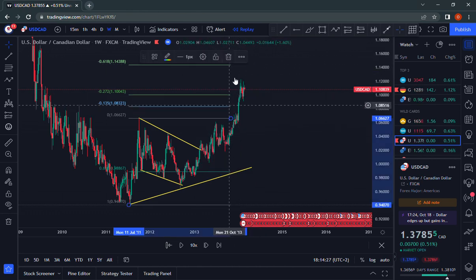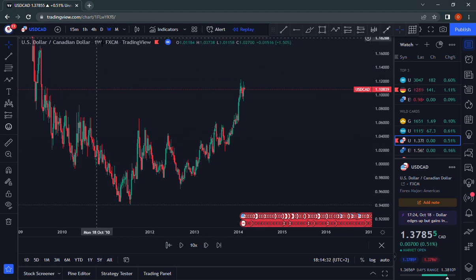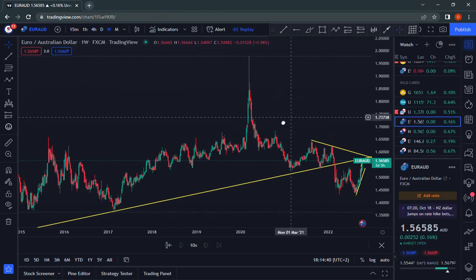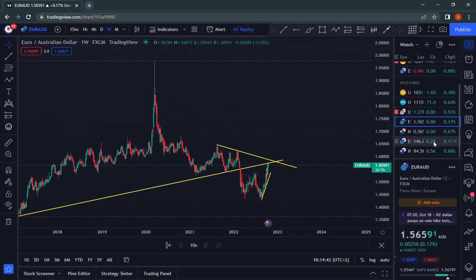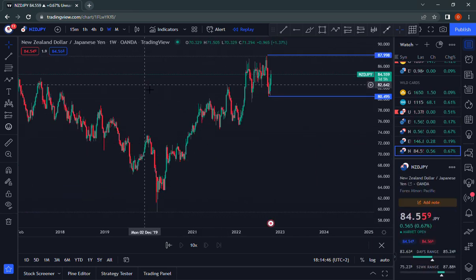So let's say now it's today. Let me now do a chart, right? Let's choose another pair, for example. Let's say Euro GBP. This one is Euro odd. Let's say New Zealand JPY, for example. Okay.